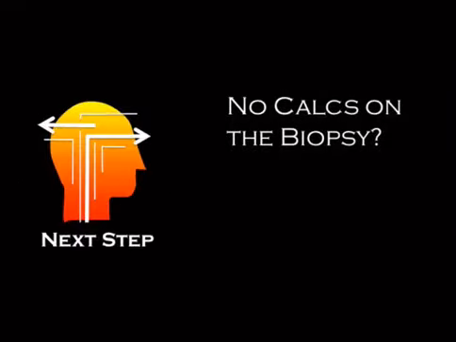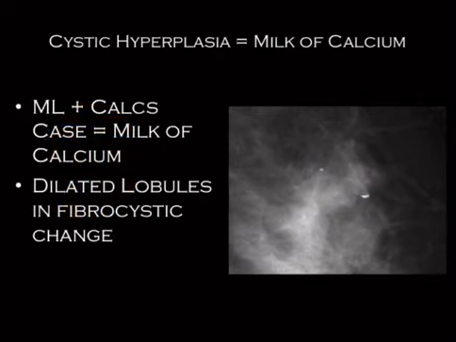So let's say this patient's really anxious and they insist that you biopsy these calcifications anyway, even though it's obvious that they're benign. So normally, if you see this here, you can BI-RADS 2 that. If you make a finding like that, you do not need to BI-RADS 4 that. You can BI-RADS 2 that and call that benign.